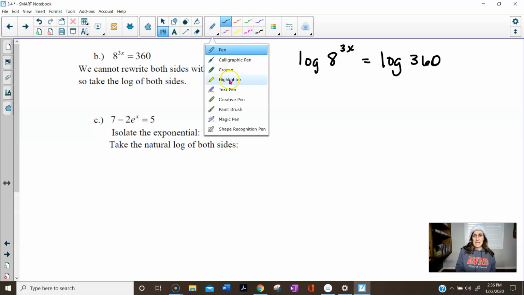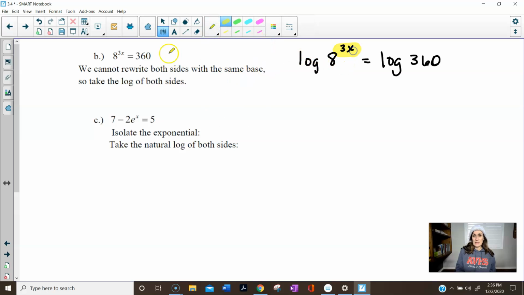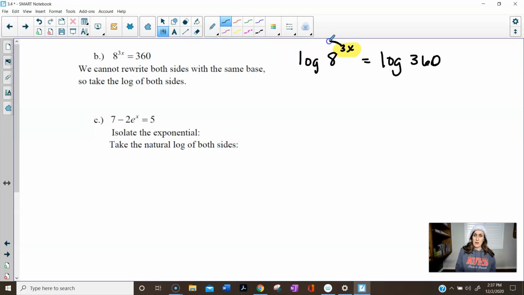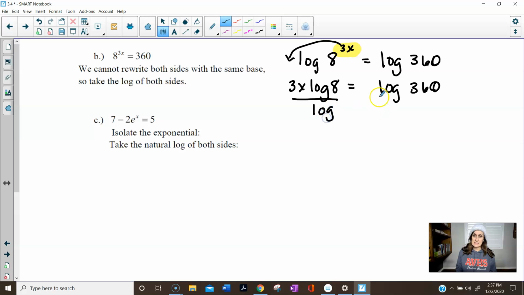Now that I've taken the log of both sides of the equation, I can use my properties, which means I can take this exponent and use the exponent property where I can bring this down in front as multiplication. So then I have 3x log 8 equals log 360. From there, I remember that I am trying to get the x by itself. So I will divide by log 8.